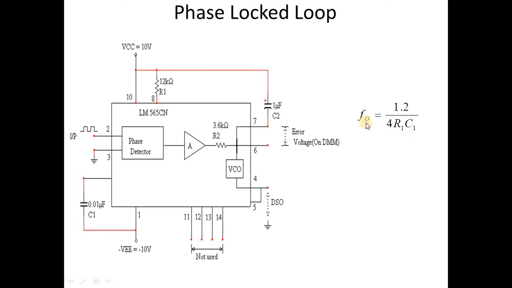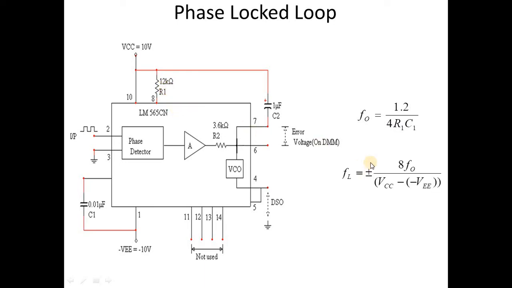Consider F0 equal to 2.5 kilohertz and C1 equal to 0.01 microfarad. Then calculate R1. If you calculate it, R1 will be exactly equal to 12 kilo ohm, and therefore in this experimentation we are using C1 equal to 0.01 microfarad and R1 equal to 12 kilo ohm.